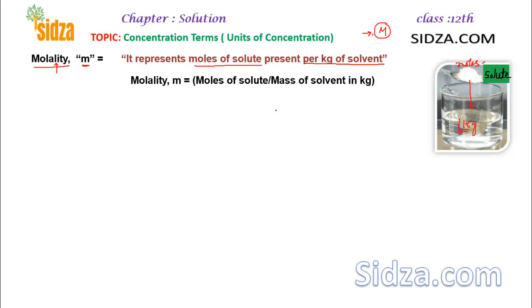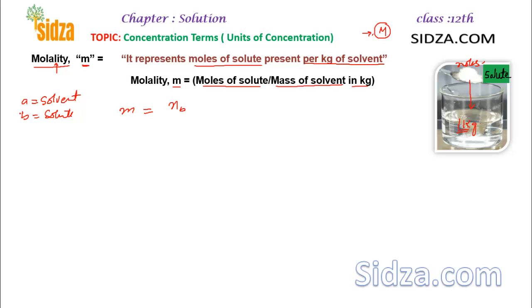Okay, in 1 kg of a solvent, how many moles of solute are there? Mathematically, the molality is equal to the number of moles of solute divided by the mass of solvent in kgs. So I'm going to write it like this: molality equals the number of moles of solute, which is nB. As I said, A refers to the solvent and B refers to the solute.